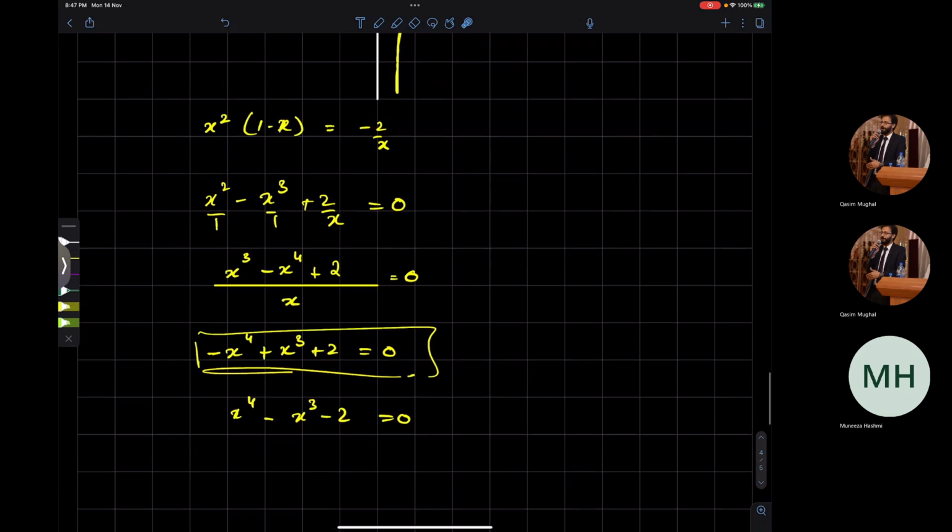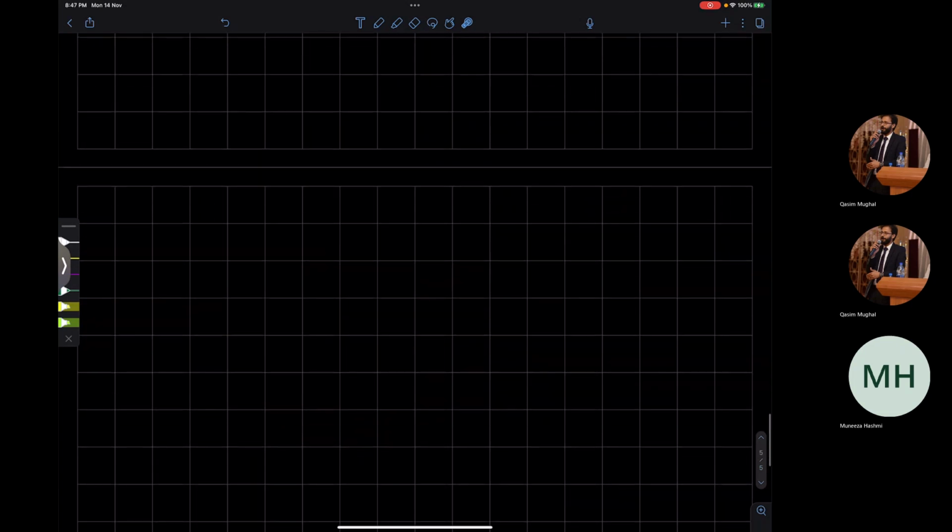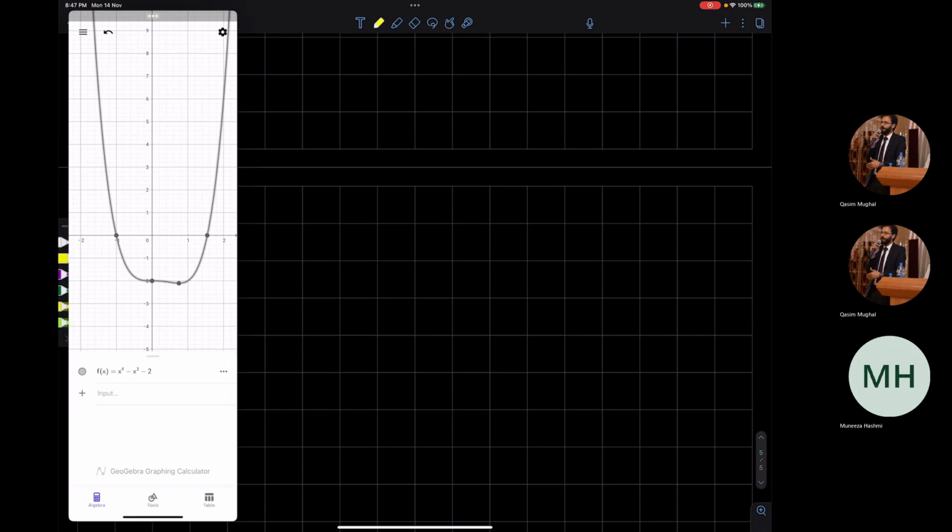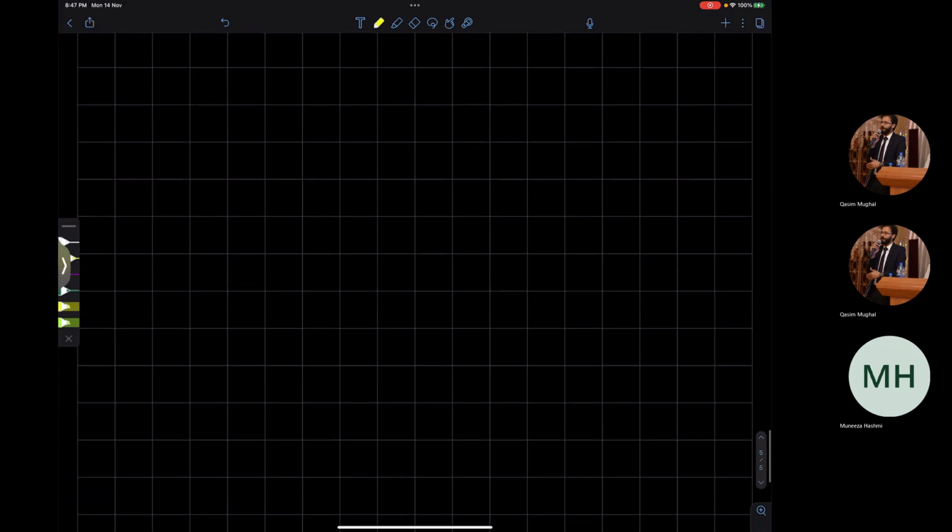All right, now the next and the very important concept is about the transformations of the graph. Now basically there are three different types of transformations.